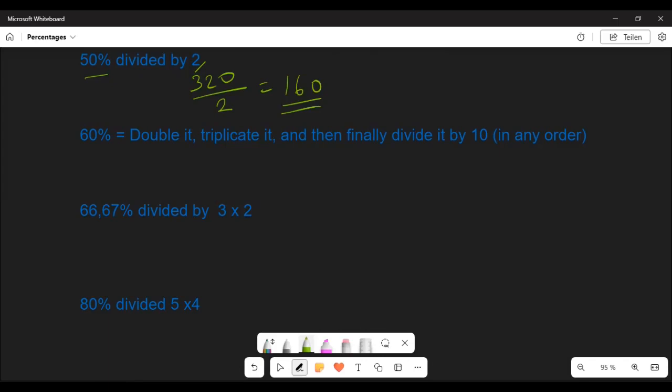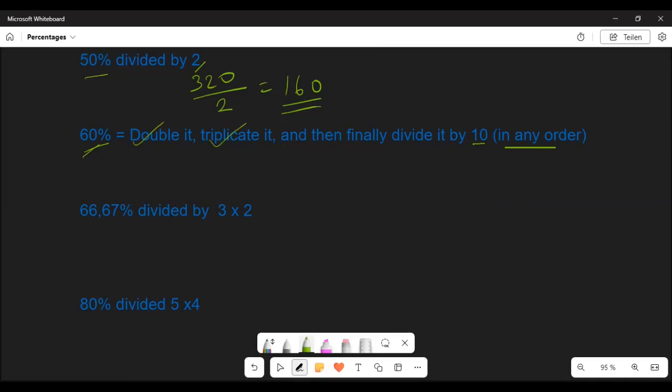If you have to get 60% of a number, then the idea is to double that number, then triplicate it, and then divide by 10. You can do it in any order: double the number, multiply 3 times, and then divide by 10.